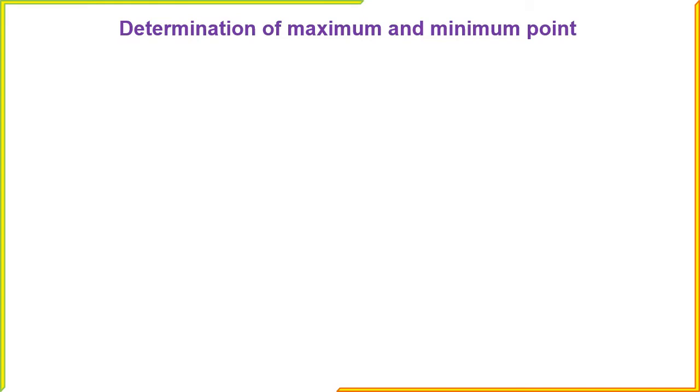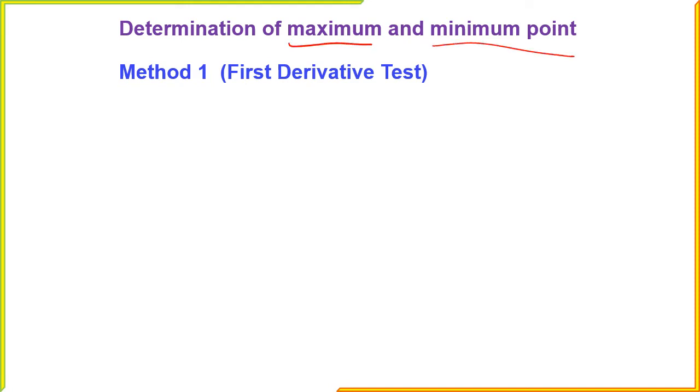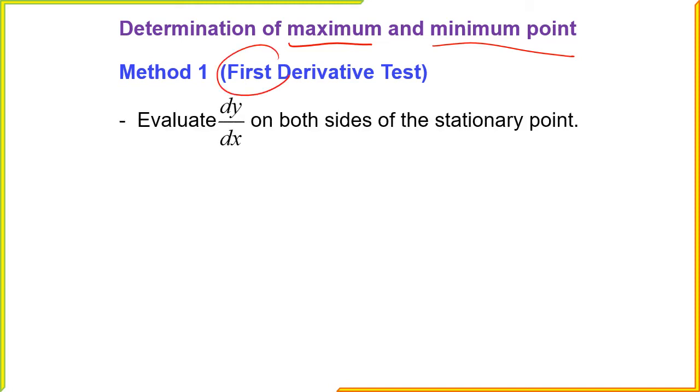Okay, now let's continue with the next part of this lecture, which is to determine the maximum and minimum point. The first method that we can use is the first derivative test. What we need to do is evaluate the dy/dx on both sides of the stationary point.